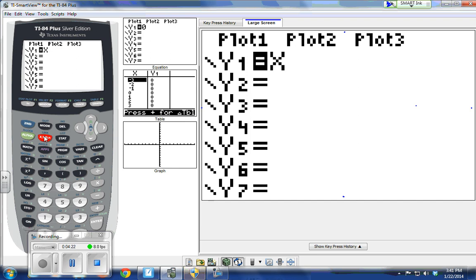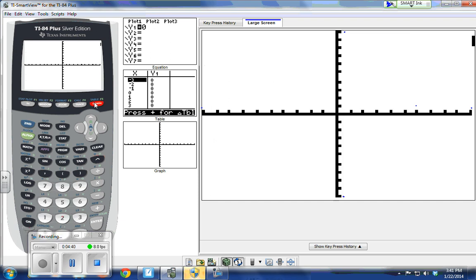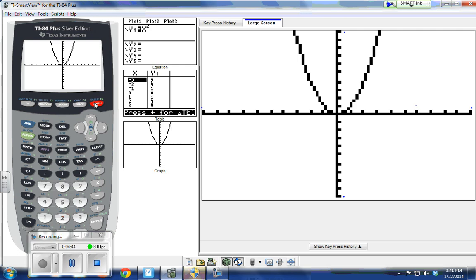And then to do the x squared, there are two keys we could pick. One, which will work for all exponents, is the caret. Put 2 there, that gives you x squared. Okay, and then push the graph button, and we get y equal x squared.